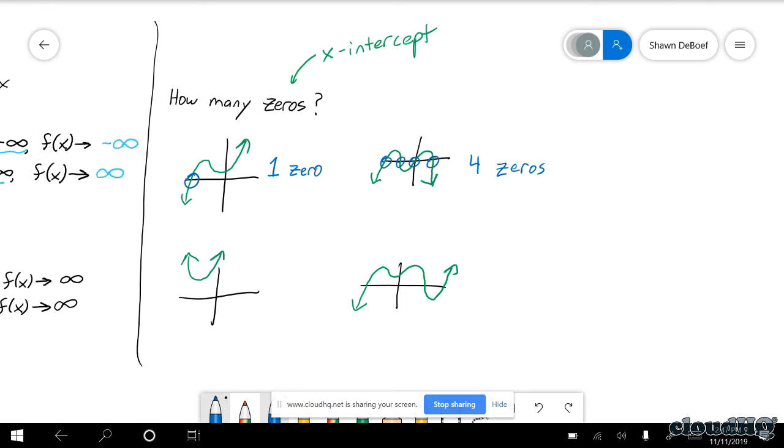Look down. This one, no zeros. 0 zeros. And then 1, 2, 3, 3 zeros. All right, that should take you through enough information for you to be able to do the 5-3 assignment.